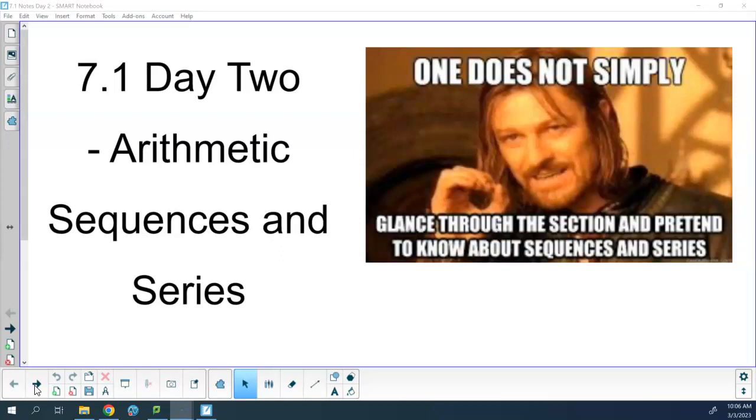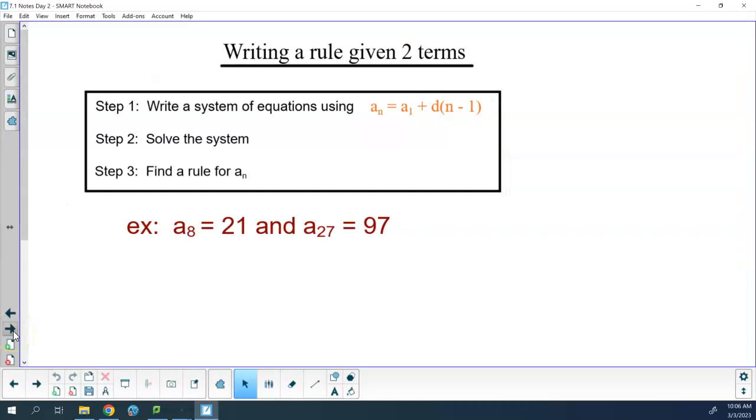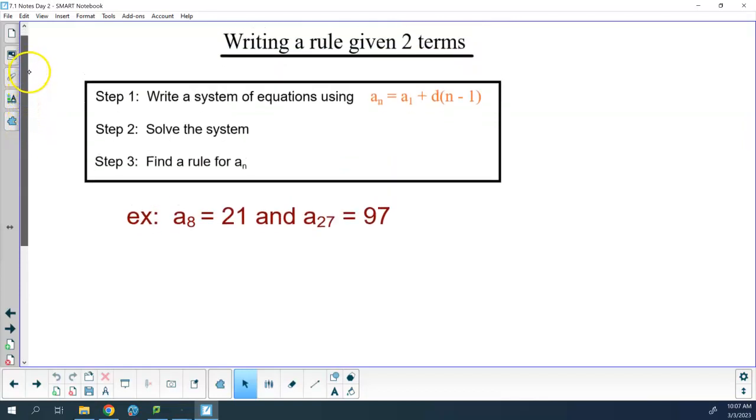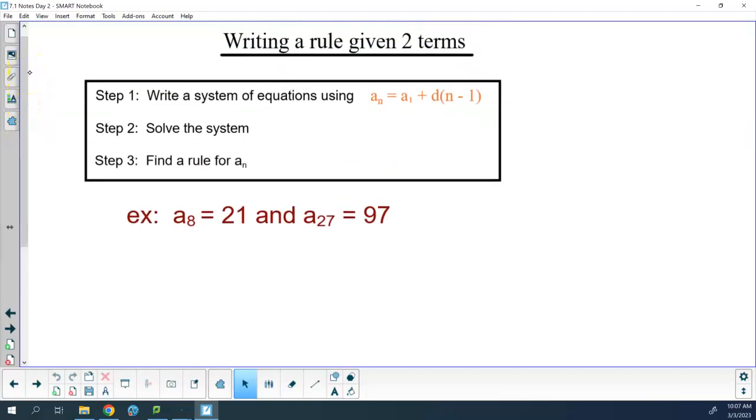The third style is given two random terms in the sequence. The 8th term of this sequence is 21. The 27th term is 97. We want to find the rule, or find the rule and then use it to find whatever term.